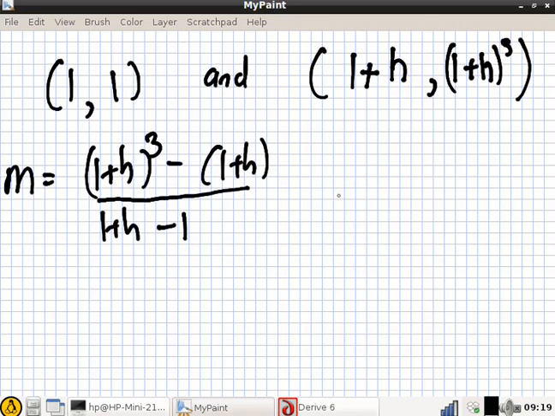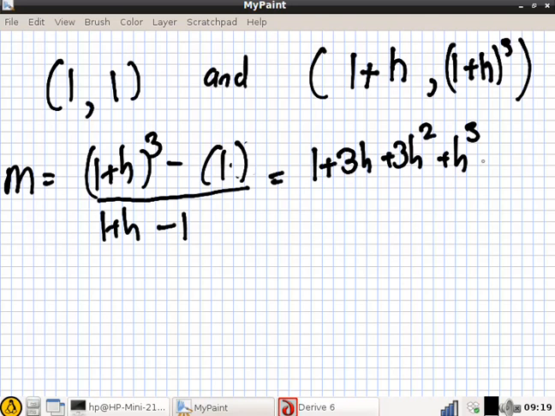On the top? Oh, sorry, thank you. Minus 1. Okay. Now, if I cube out the top, I get 1 plus 3h plus 3h squared plus h cubed minus 1.